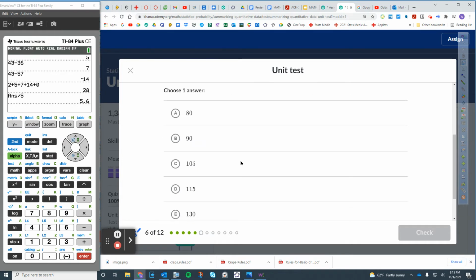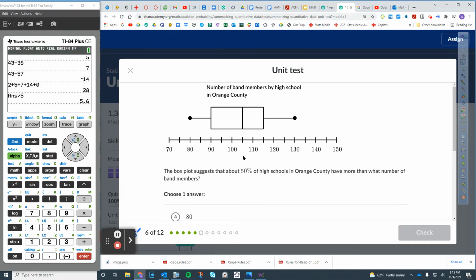So here is 105, and it has 50%. I'm not sure what it is trying to ask.